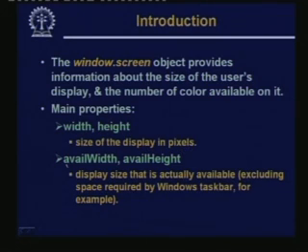It also gives availWidth and availHeight, which are the available width and height, where the area that is occupied by menus, taskbar, etc., is excluded from the size. That means, from the total width and height you take out the portions which are taken up by the default window taskbars, and the remaining portion is your available width and available height.